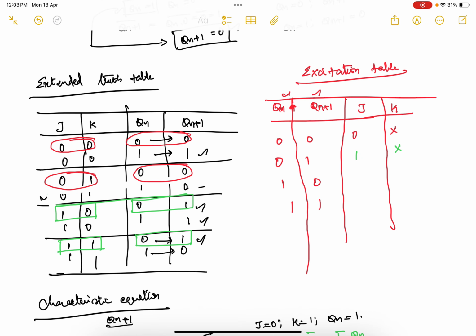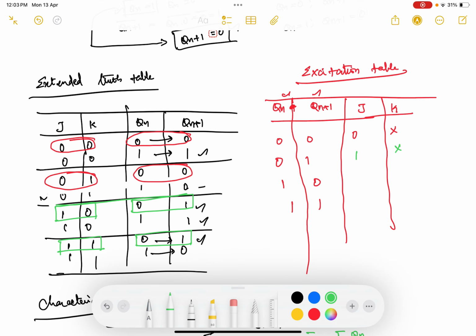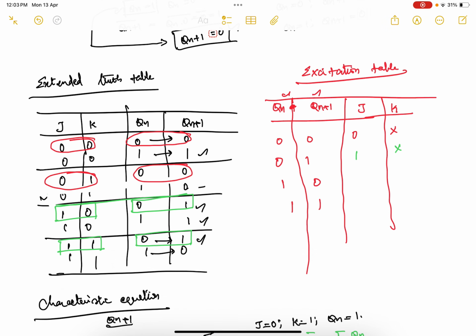Clear? And the next concept is the 1 0 condition. Here I have the 1 0 condition, and here also the 1 0 condition. We will go with the blue color.